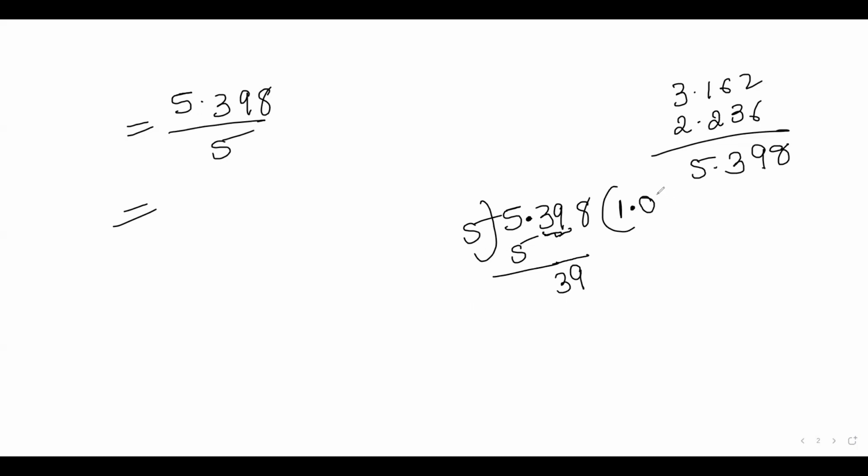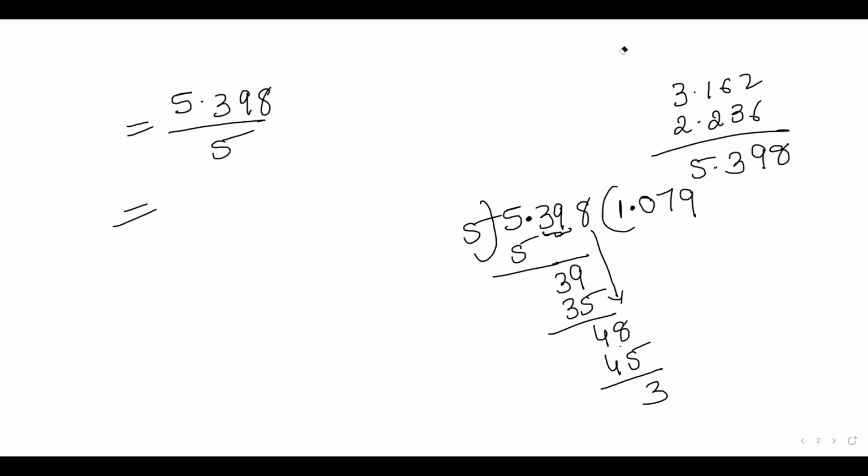Now 5 sevens are 35. Subtract, get 8. 5 nines are 45. Subtract. He is asking us to find the answer up to 3 decimals. So no need to divide further.